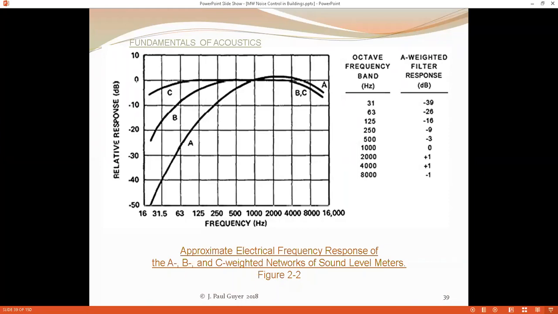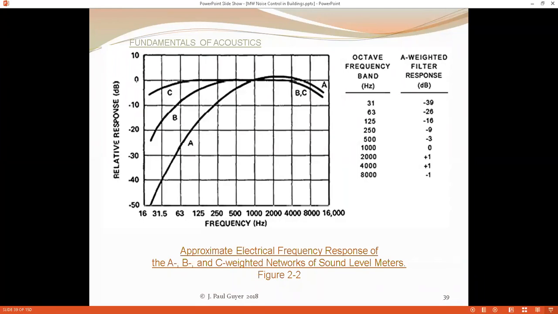As an example, you see these three curves drawn. The vertical axis is the relative decibel level, and the horizontal axis is the frequency.